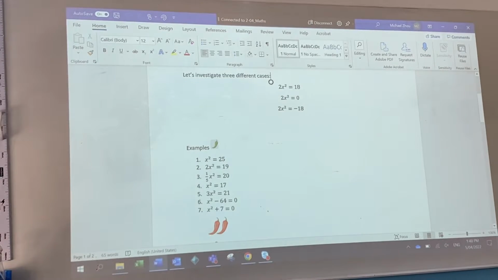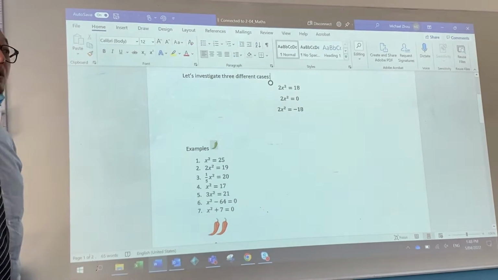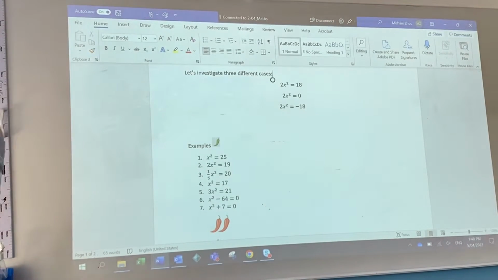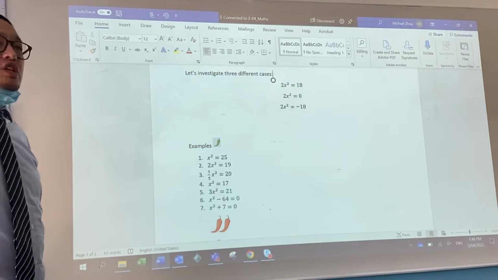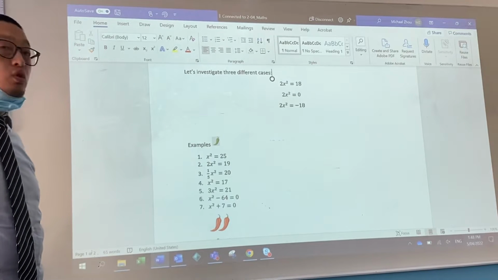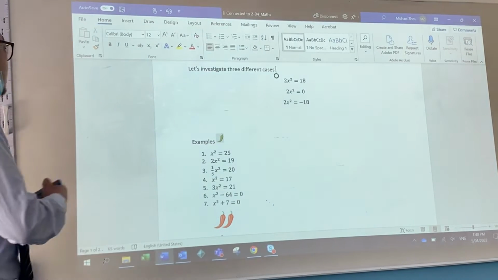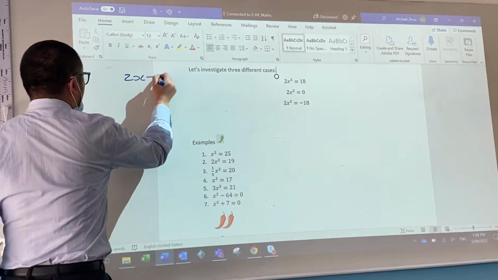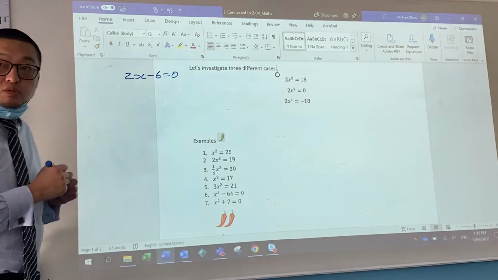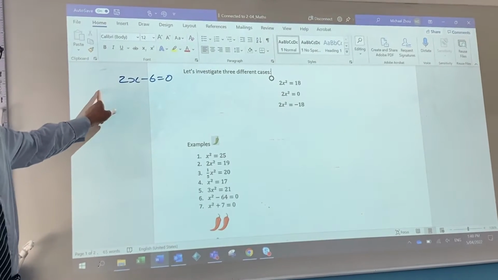Now, no need to copy this down yet. I will give you time to write things down when I think it's necessary. Just think about this first one first. 2x squared equals 18. In the last few lessons, we did this sort of thing. We're looking for x.